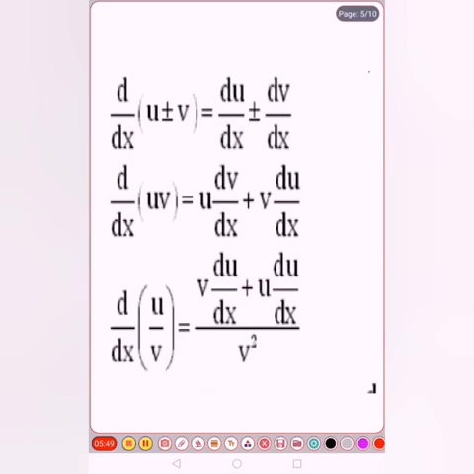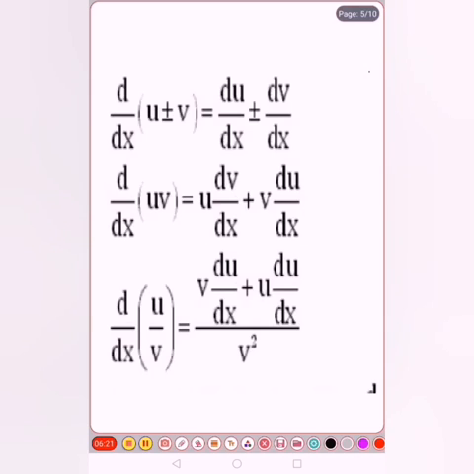Now the uv rule, also known as the product rule, is differentiation of v multiplied by u plus differentiation of u multiplied by v. The product rule, that is the uv rule, equals differentiation of v into u plus differentiation of u into v. This is very important and will be useful for many questions also.